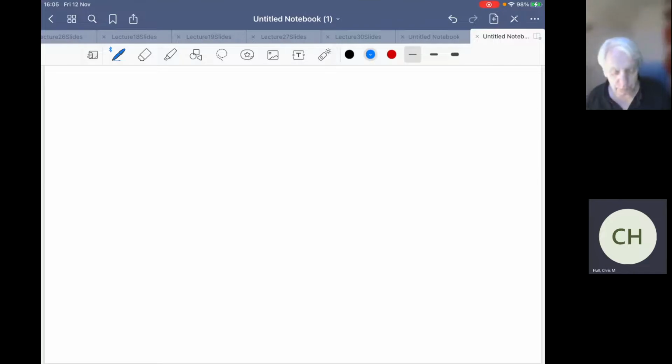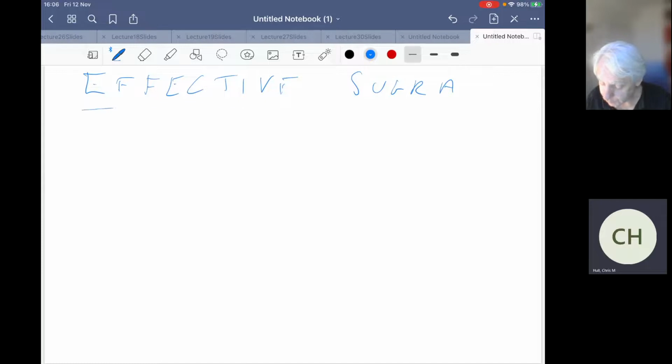Right, so now we're going to start looking at the low energy effective actions for the various superstring theories. These are effective supergravity theories, which describe the low energy behavior of the theory and describe the massless degrees of freedom.